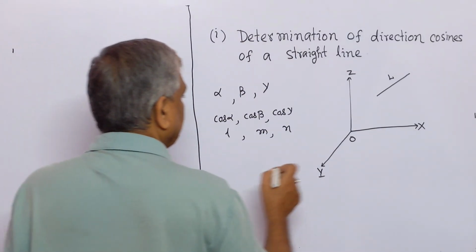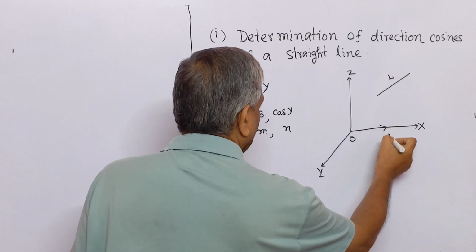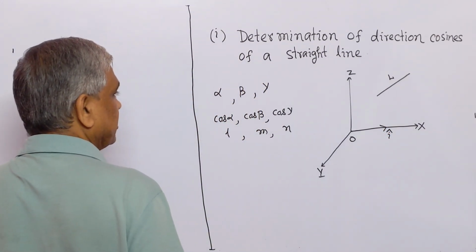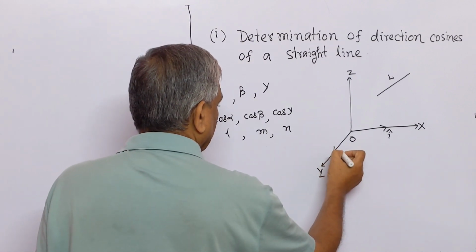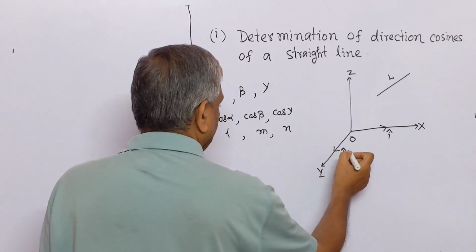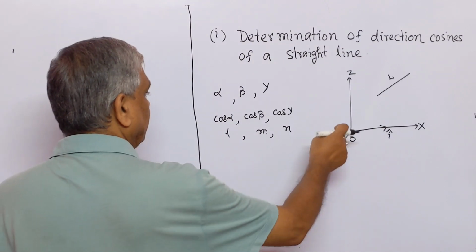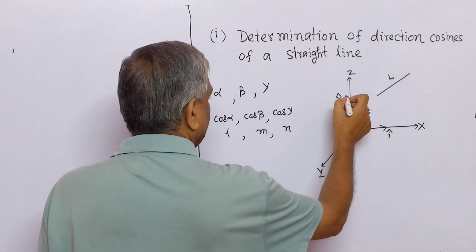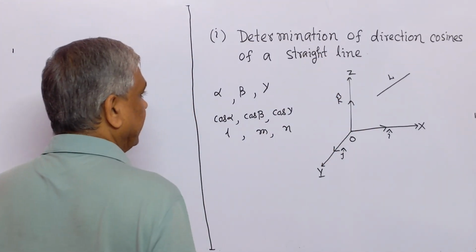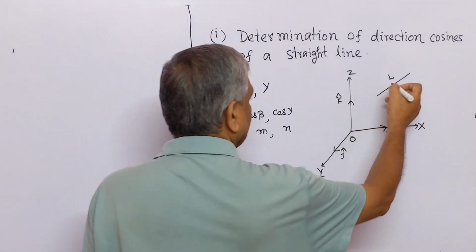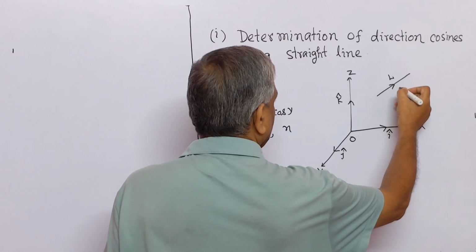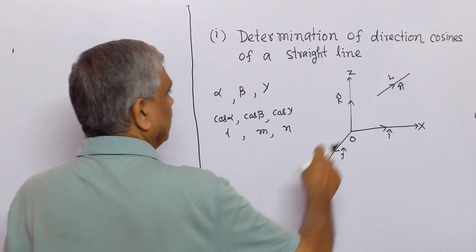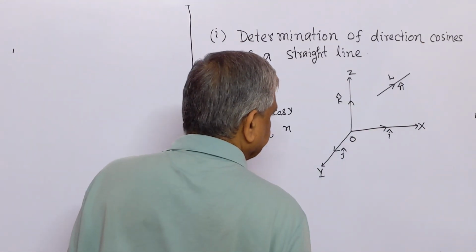Now let i cap be the unit vector along x-axis, j cap be the unit vector along y-axis and k cap be the unit vector along z-axis, and let eta cap be the unit vector along this straight line.